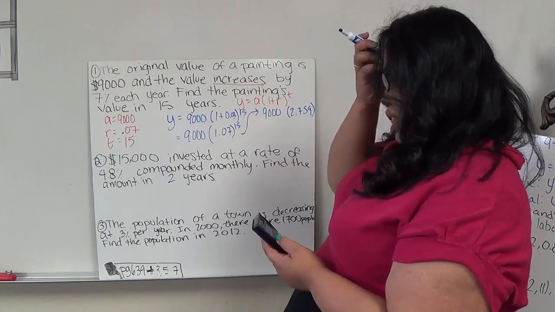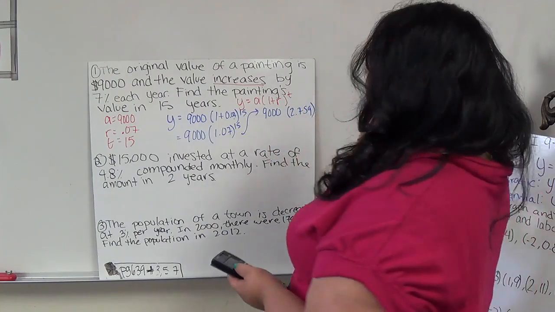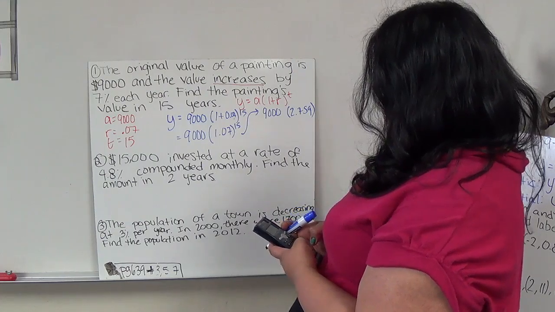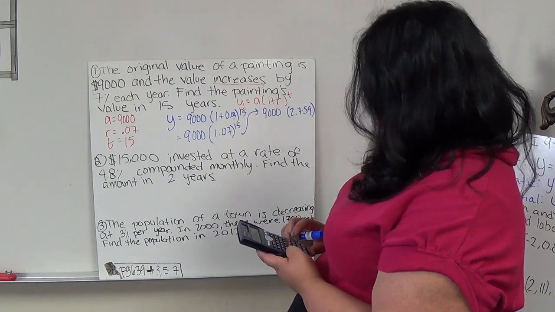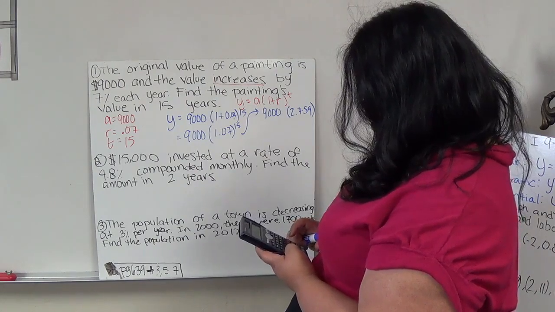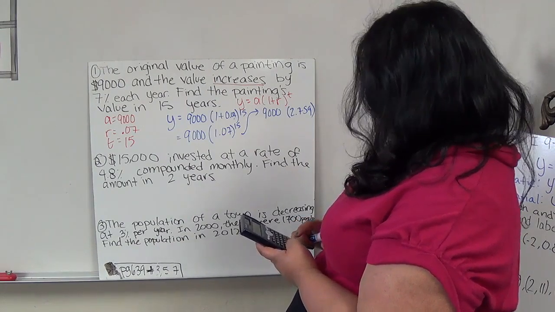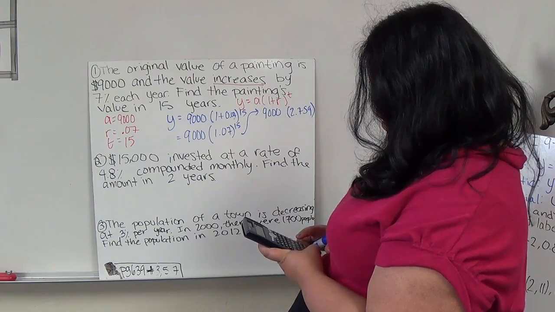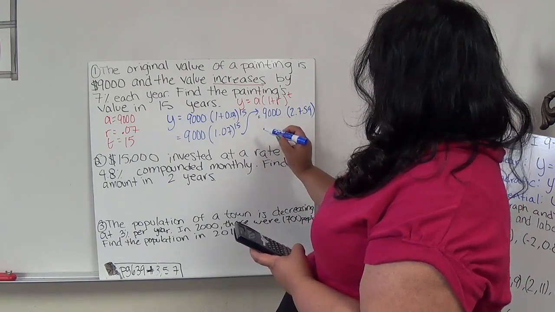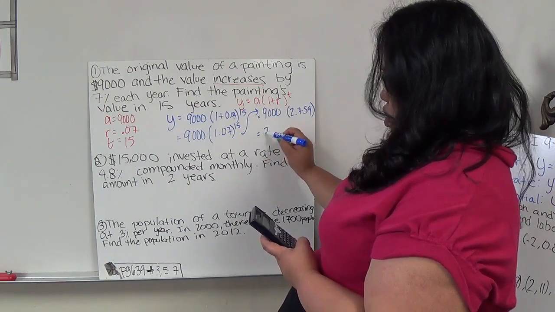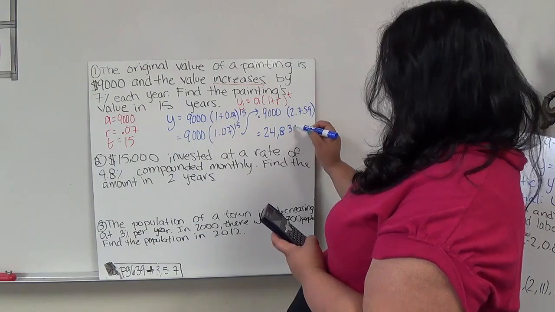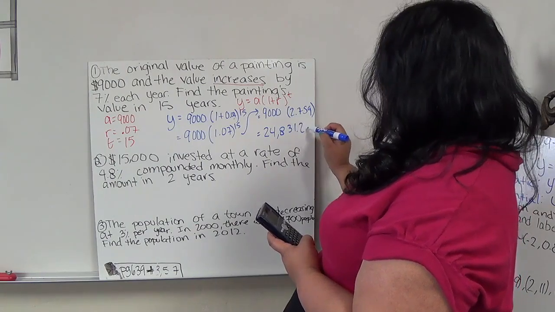Try to use at least 3 or 4 decimals in this case, because the more I use, the more accurate my answer is going to be. And we're going to do that times 9,000, which would give me 24,831.28.